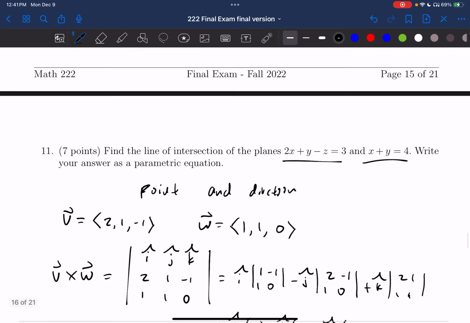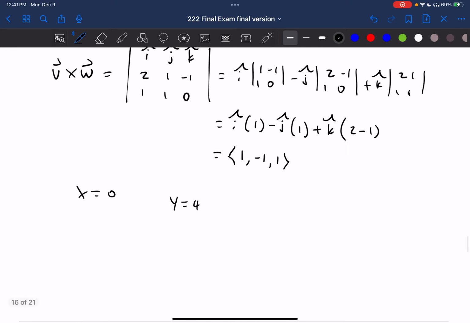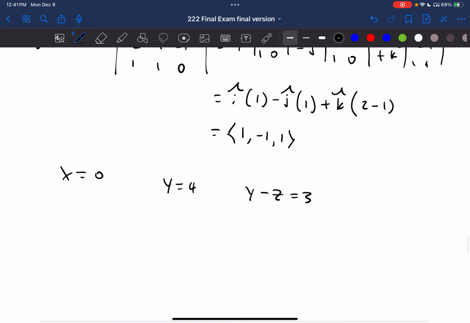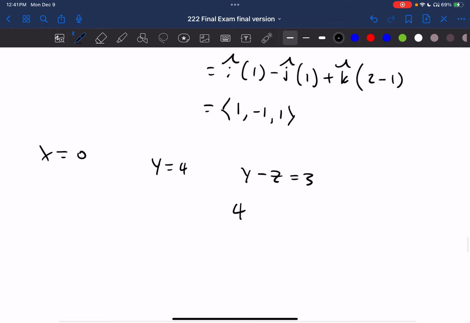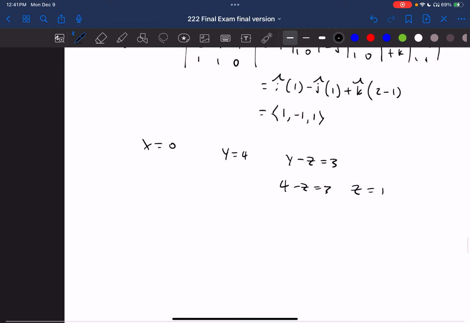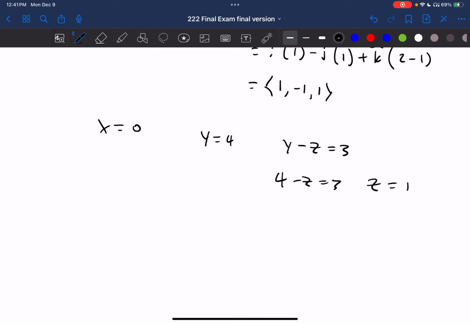For the first one, with x equal to 0, we get y minus z is equal to 3. We know y is equal to 4, so it's going to be 4 minus z is equal to 3. So z is equal to 1. So they'll intersect at the point 0, 4, 1.